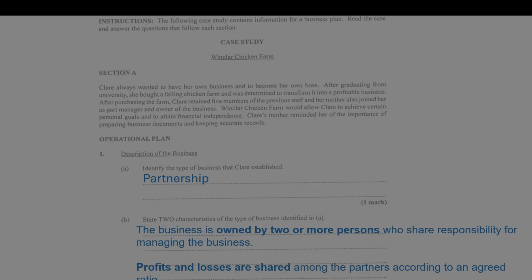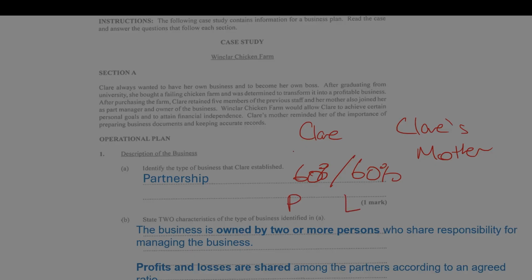So, for example, maybe Claire and her mother have a 60-40 profit and loss split in their partnership deed. So, for example, Claire collects 60% of the profits and also handles 60% of the losses, whilst her mother handles 40% of the profits and 40% of the losses.